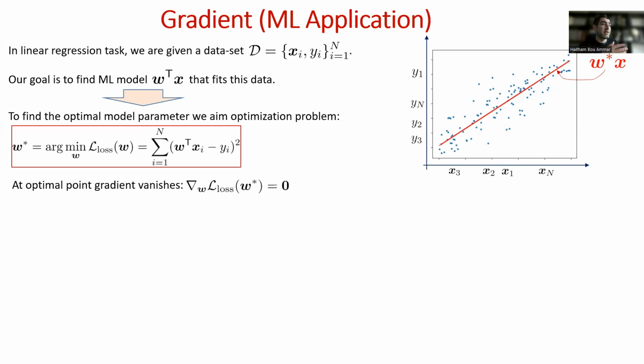Fortunately for us, in this specific example, as I said, the training loss presented here is a convex function, and therefore the condition where the gradient is equal to 0 is a sufficient condition for the global minimizer. So we can claim that if we find a point W star where the gradient of the loss at W star is equal to the 0 vector, then we can surely say that we cannot do better than that.